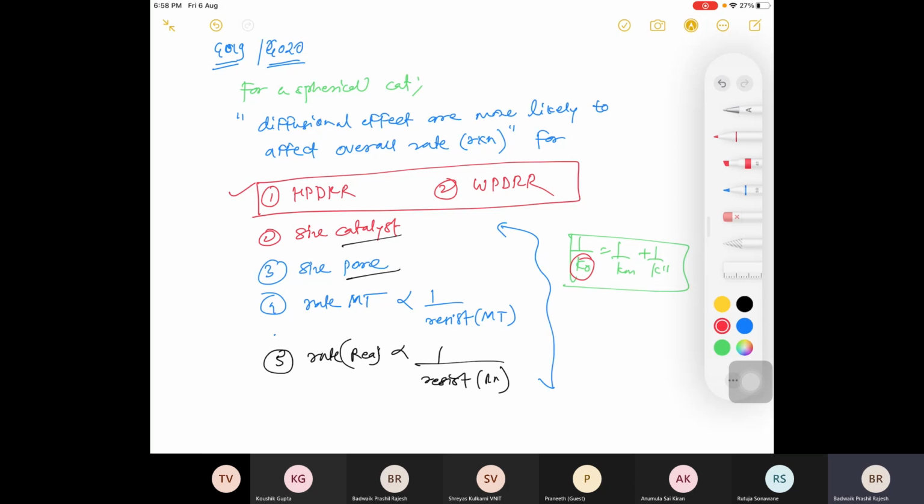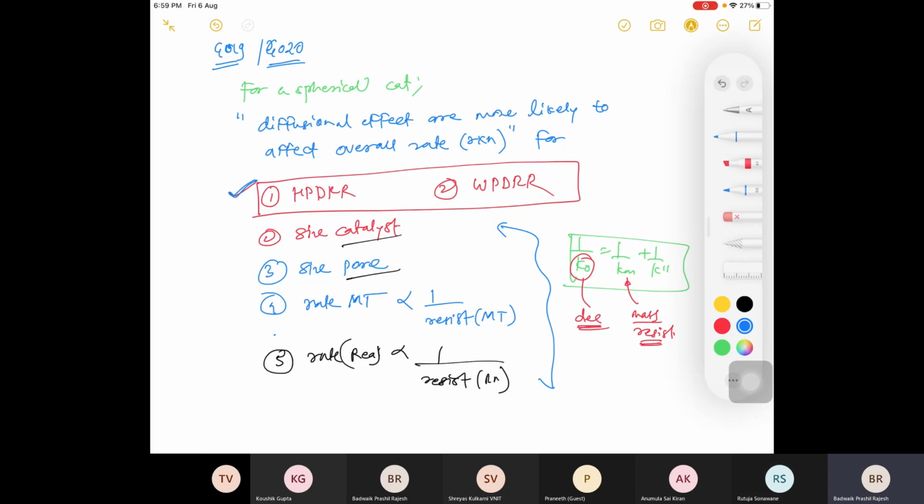Remember, this is overall. It is showing diffusional effects, that is because of pore diffusion, there will be a decrease in overall rate. That means there is strong diffusion resistance, right? Overall rate is decreasing because of your mass transfer resistance. So when mass transfer resistance is high, it is pore diffusion. Yes, so this is your high pore diffusion resistance regime.